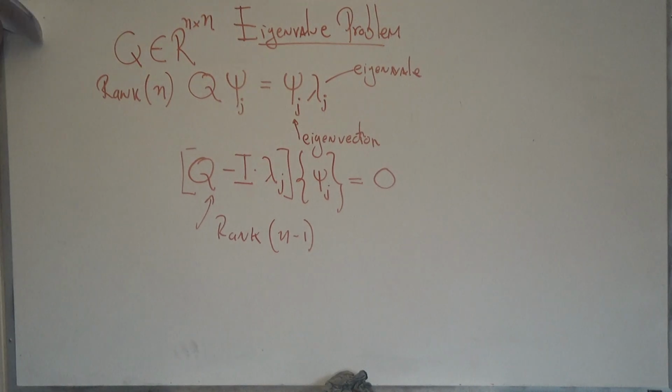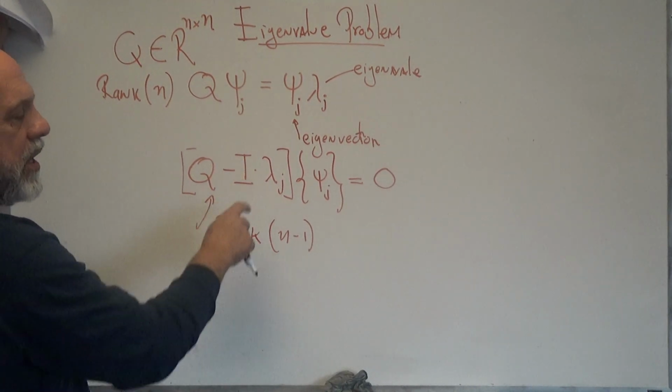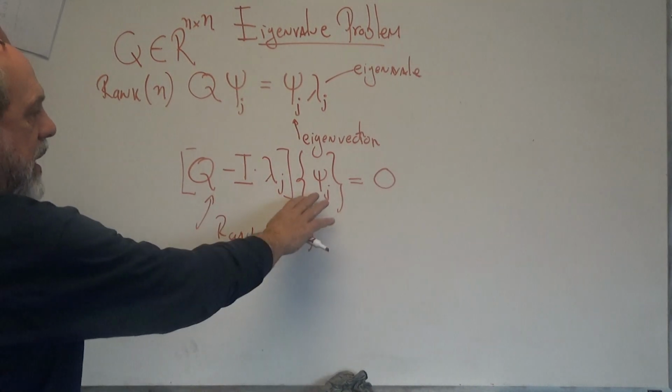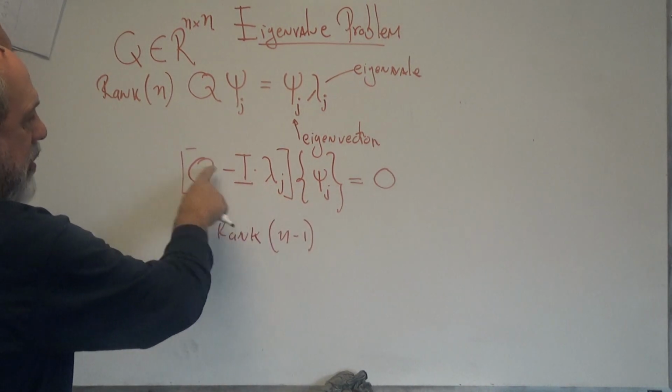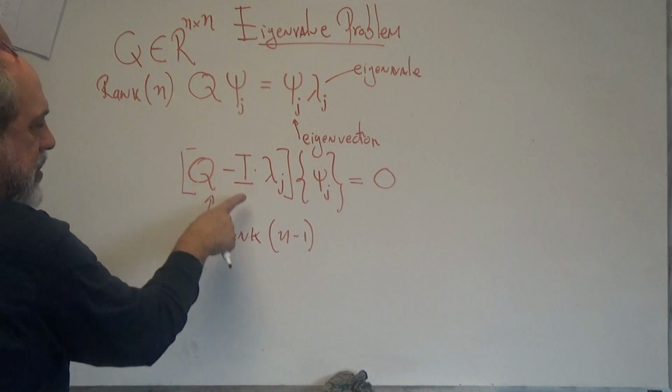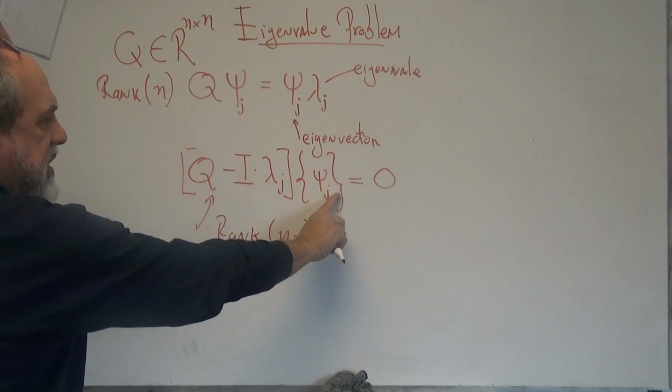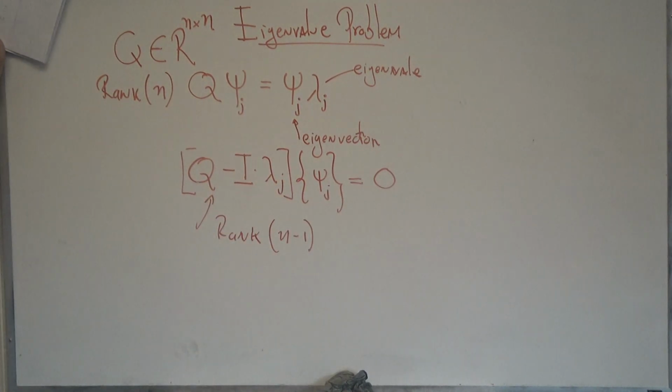If lambda j is a simple, non-repeated eigenvalue, and this is the eigenvector. So the eigenvalue lambda j reduces the rank of the matrix Q by 1, and the null space that gets created is the eigenvector. Okay? All right.